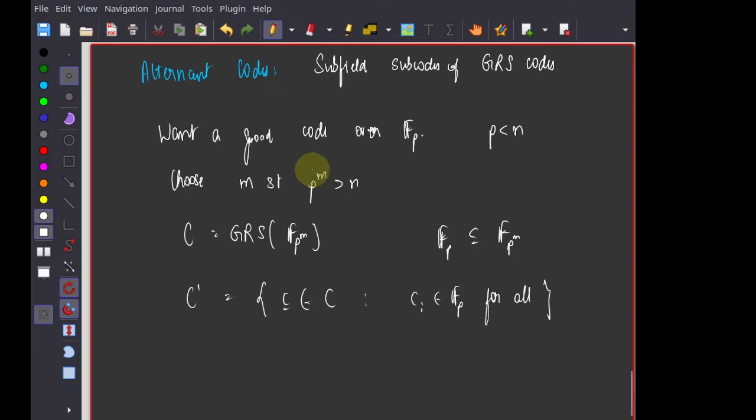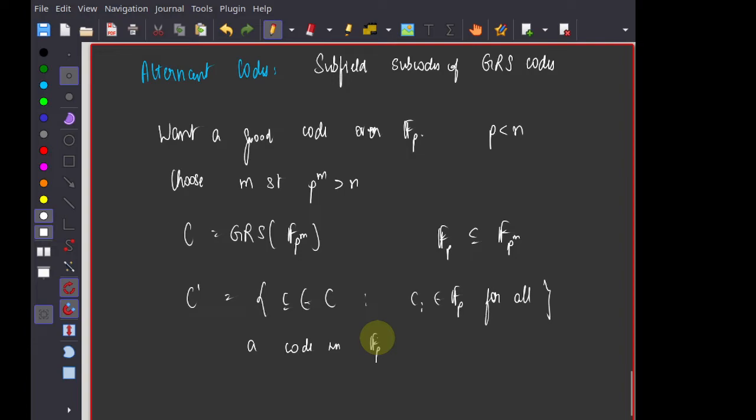I then look at some extension field whose size is greater than my block length. I construct the generalized Reed-Solomon code over this extension field, and now I'm only picking those code words for which all the entries come from the base field. So this is clearly a code in F_p. That is obvious.